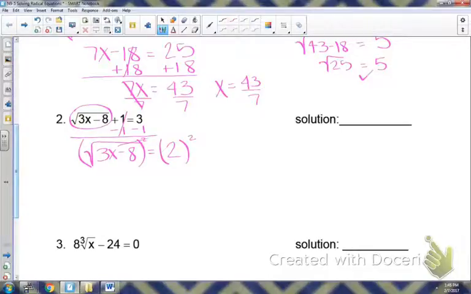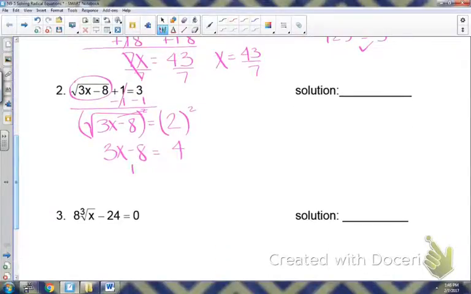Those cancel, and we just have 3x minus 8 equals 4. Then we'll add 8, so we get 3x equals 12, so x would equal 4.